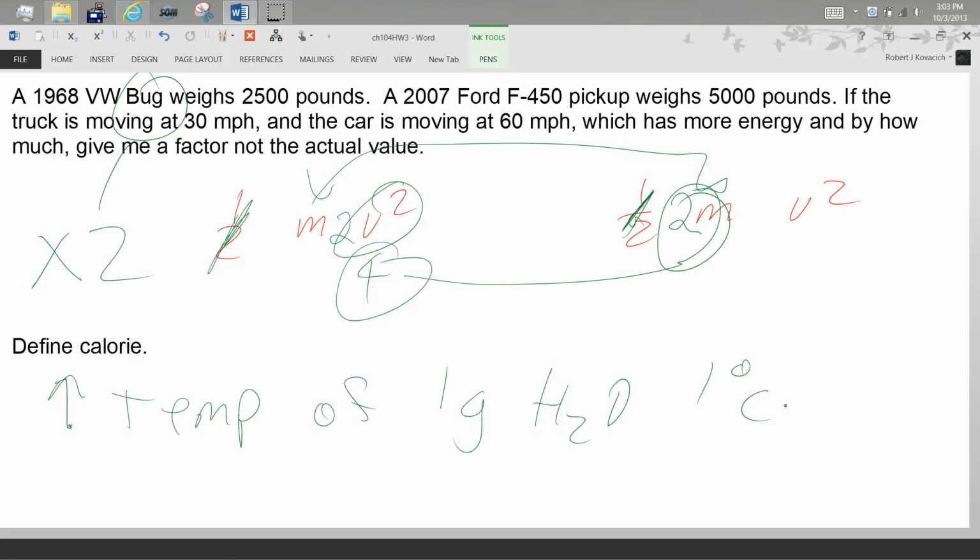A really easy experiment that I think we did in 5th grade is we took a peanut and stabbed it with a paper clip, and we had 50 grams of water inside an empty soup can, and then we lit the peanut on fire. We put the peanut underneath the soup can, and we measured how much the temperature of the water went up, and that told me how many calories were in the peanut.